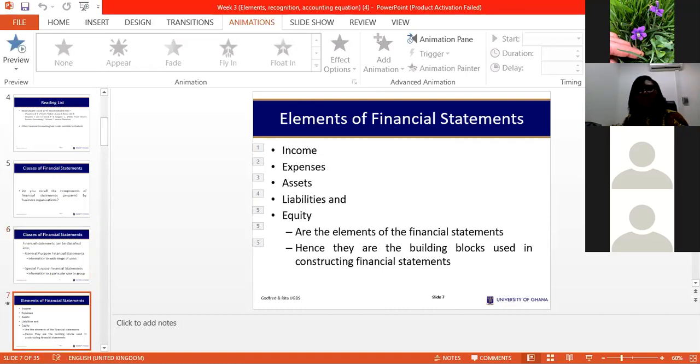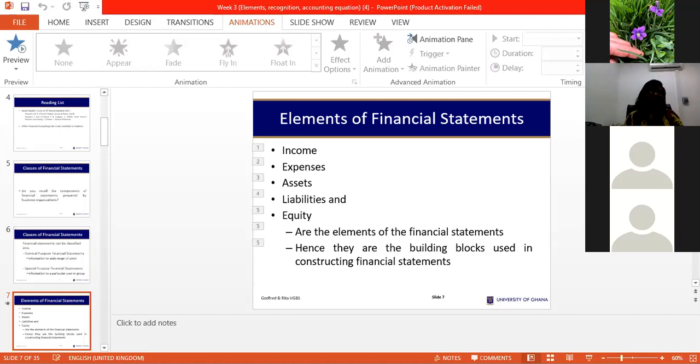So we'll look at the elements of the financial statements. Okay. So within the financial statement, you have the income, expenses, assets, liabilities, equities.